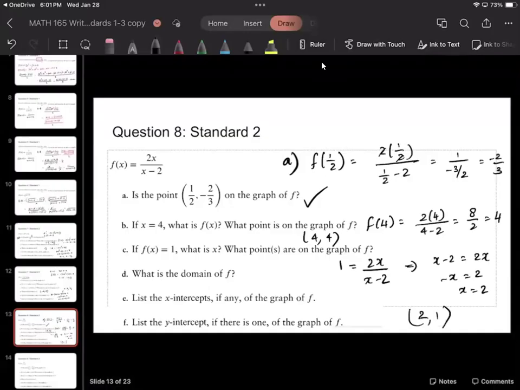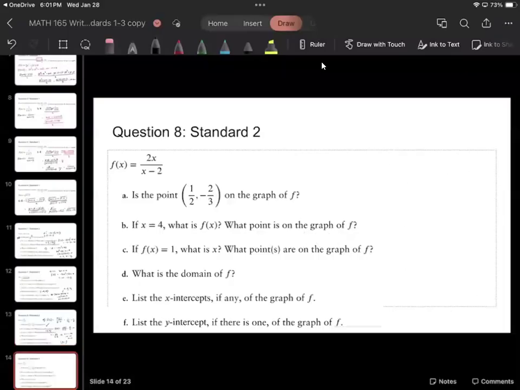So that is the answer to part C, because x is 2, y is 1. What is the domain of this function? Because this one has a fraction, x minus 2 cannot equal 0, which means x cannot equal 2. So the domain is all values except 2 itself.